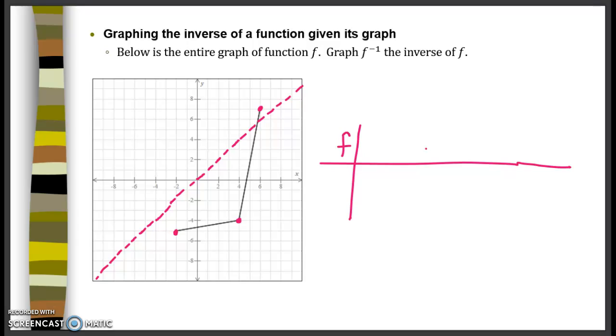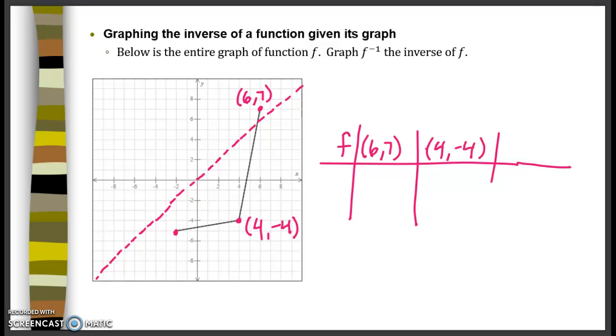And this would be point 6, 7. And this is point 4, negative 4. And my next one is at negative 2, negative 5.